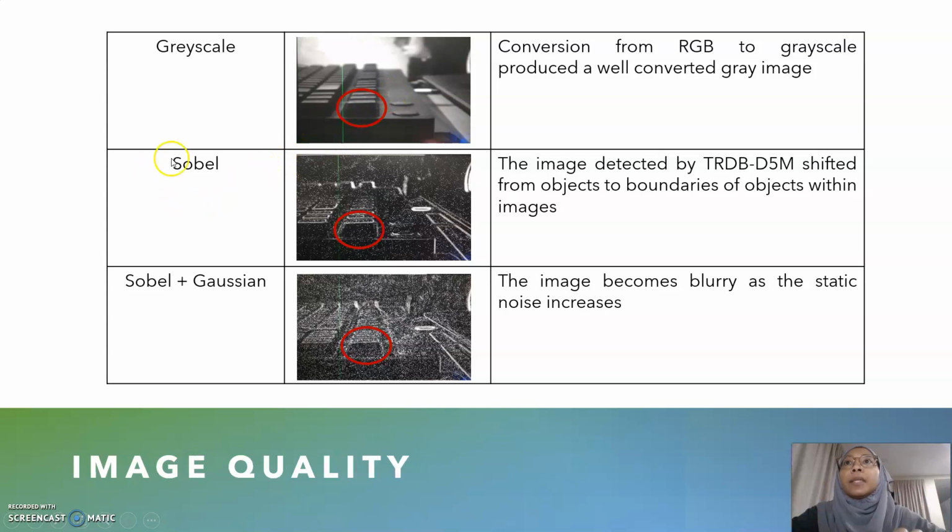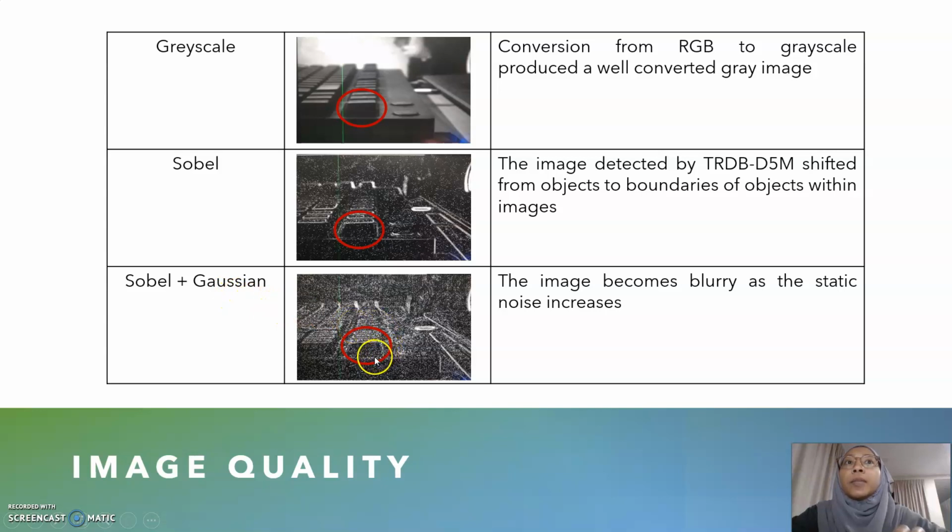And then the first step, we turn on the Sobel operator. We just focus on the image in the red circle. You can see that when we turn on Sobel, the image is still blurry. Then we turn on Sobel and also just one Gaussian filter.